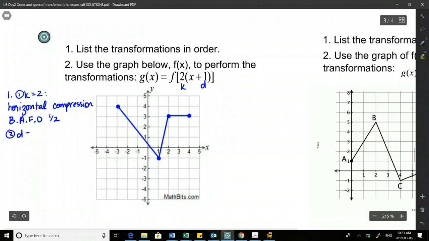And the second one, D is -1, remembering to switch the sign, so that is a shift left 1 unit.